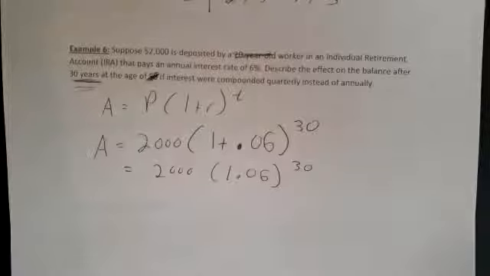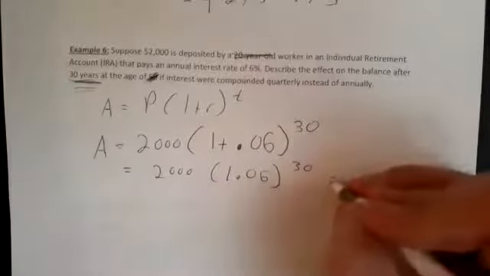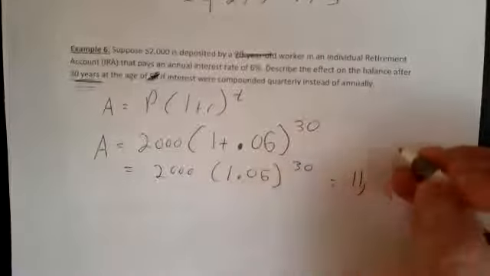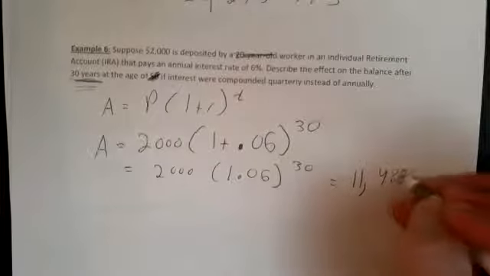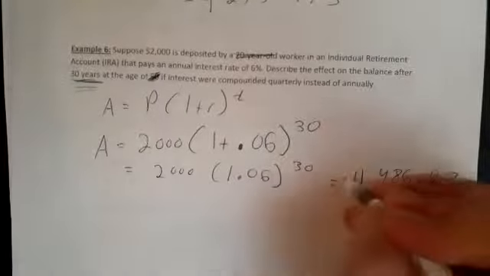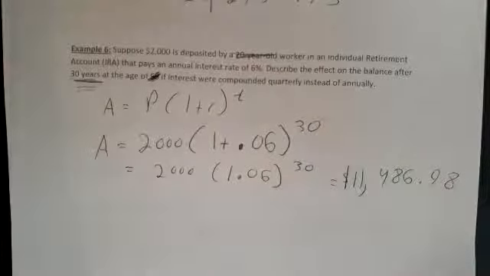And I'm getting 11,486.98. And so this is if it's compounded, what, annually?